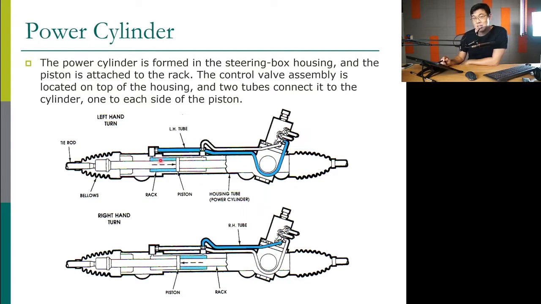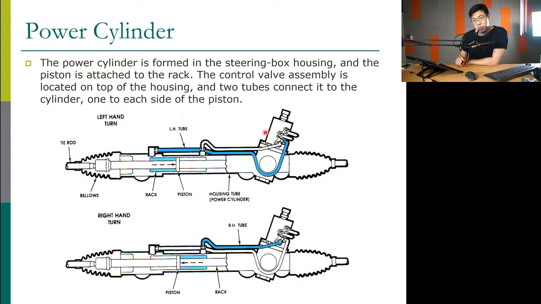It's not on the supply side. It's the return side. This fluid will be pushed out by the piston, and then it goes out this tube, goes to the valve, and goes back to the pump. This is the hydraulic fluid from the pump, and this is going back to the pump.